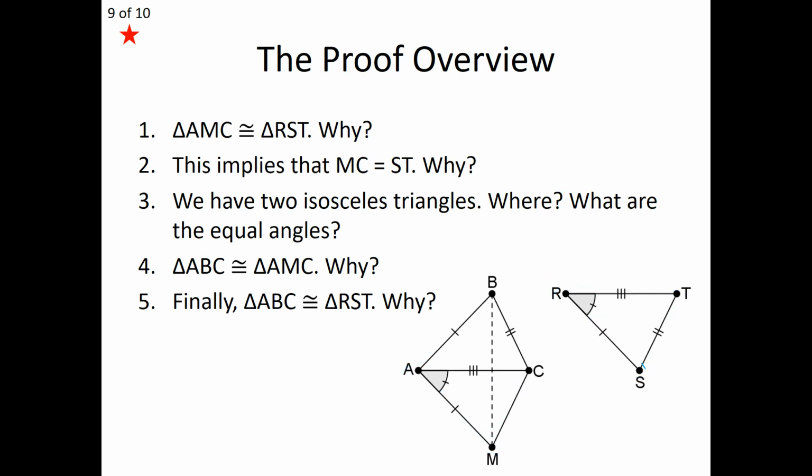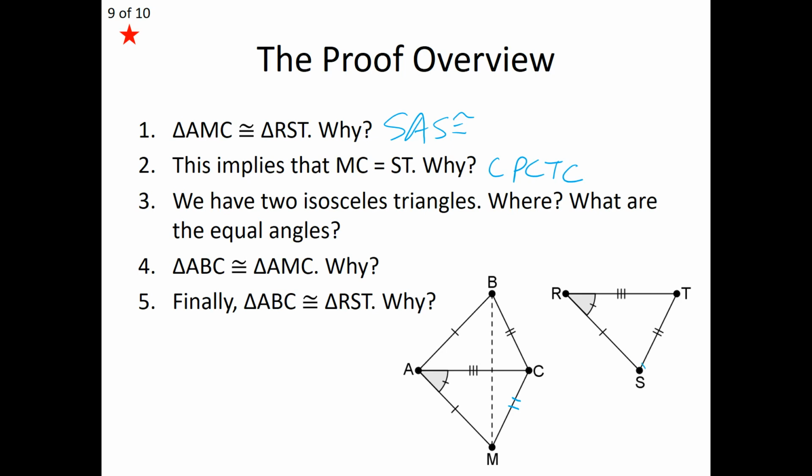So I can call those two triangles congruent by side, angle, side congruence. Immediately following congruence, we're allowed to use CPCTC to claim that we have equal things. So I'm going to claim now that MC and ST are equal because corresponding parts of congruent triangles are congruent, since we established congruent triangles.